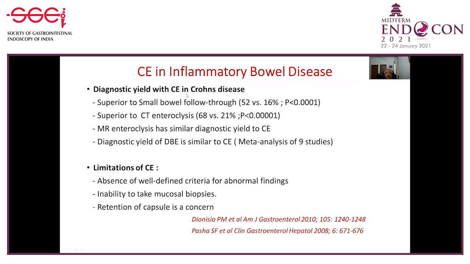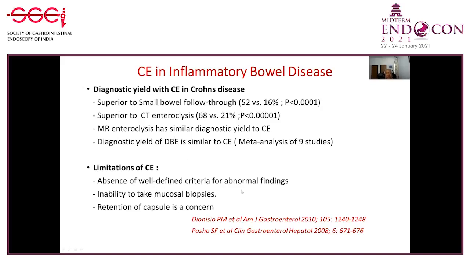What about the diagnostic yield? It is definitely less than in obscure GI bleed. The diagnostic yield is around 50 to 65%. But CE in inflammatory bowel disease is superior to small bowel follow-through and CT enteroclysis, and has similar diagnostic yield to MR enteroclysis and double balloon enteroscopy.